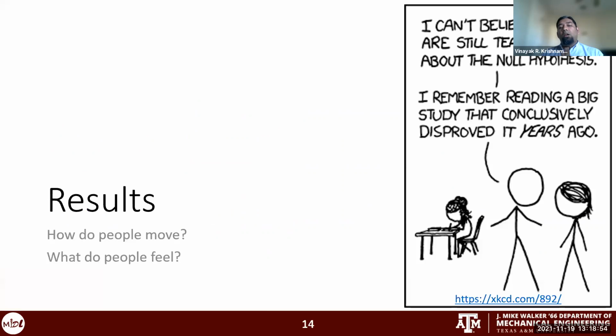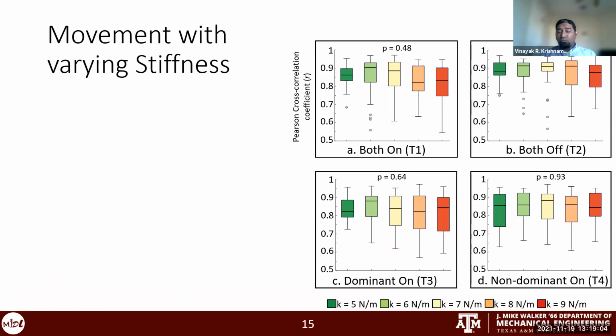With that in view, let's look at some highlights of the results in terms of how people moved and what people felt. Let's look at motor strategy first. For each of the 4 conditions, I'm showing you one plot where each box plot is one stiffness value.